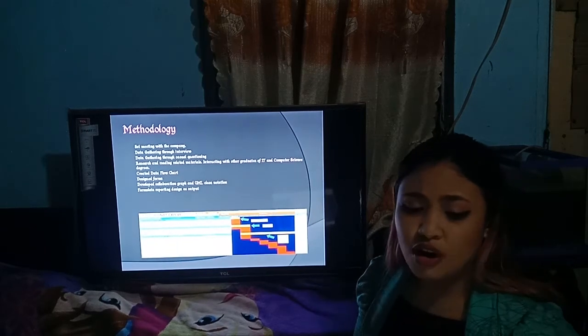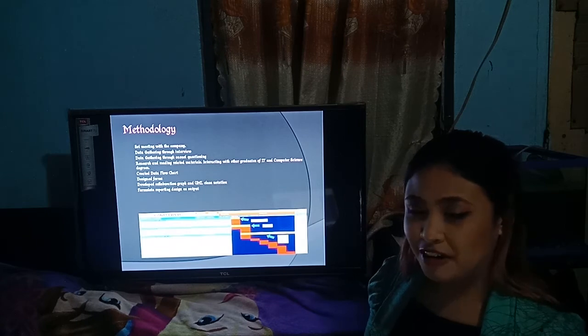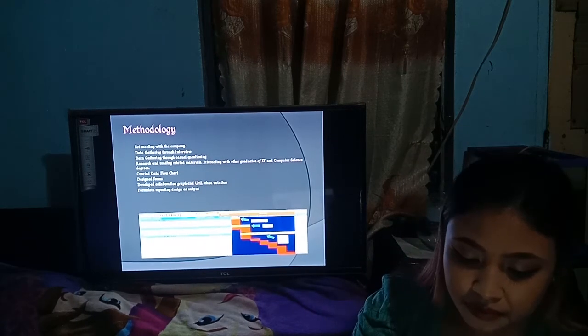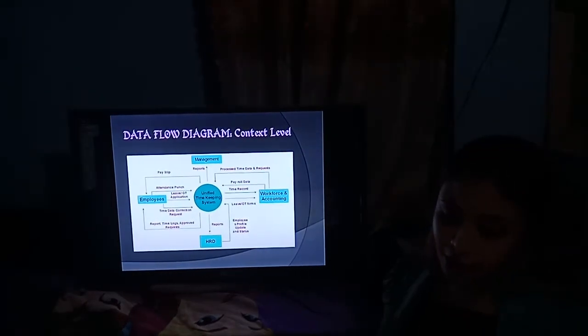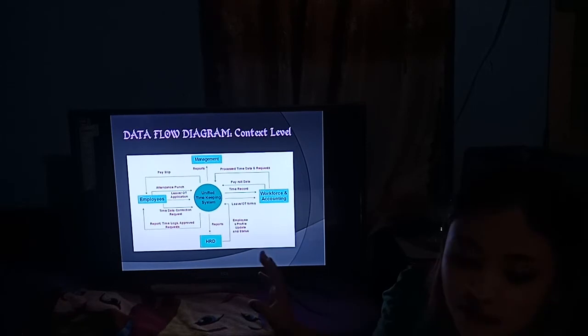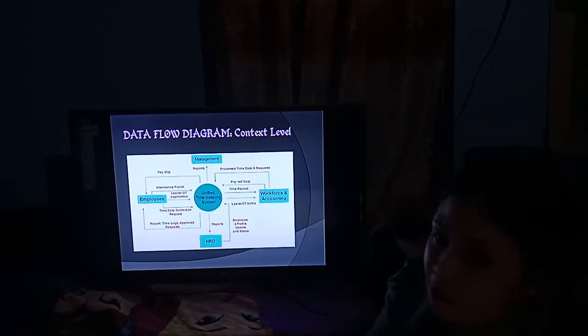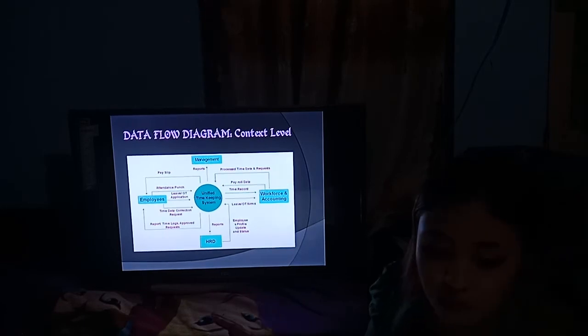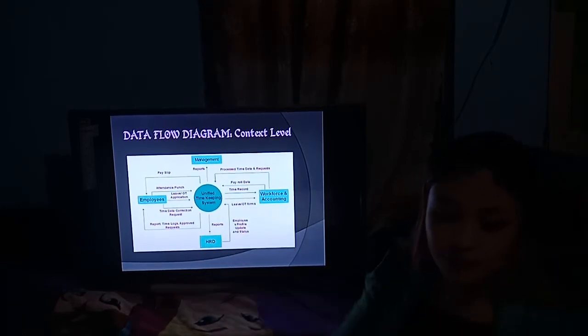For you to have an overview of this proposed system, let me show you my different diagrams. Here is the context level of the data flow diagram. At the middle of this unified timekeeping system, all data flows, represented by the arrows, pass through this process.